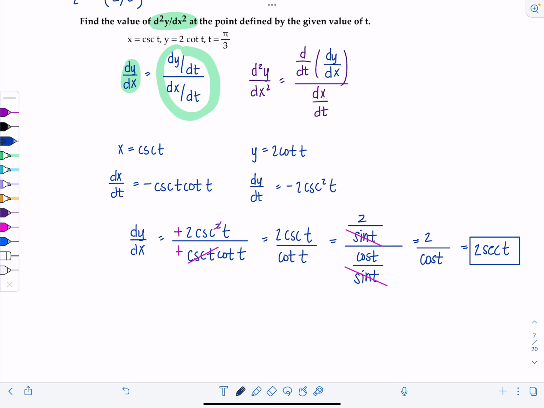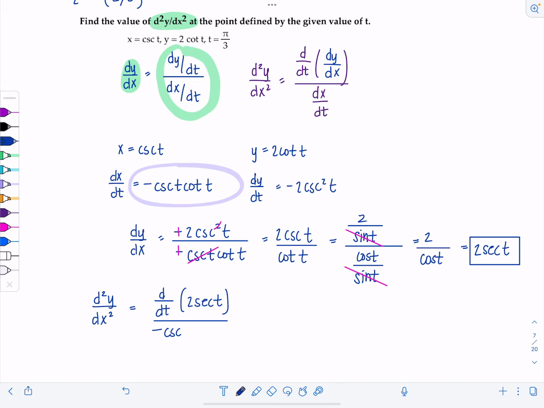Good. Okay, so here we go. So second derivative, you take the derivative with respect to t of 2 secant t, and then this gets divided by dx/dt. So negative cosecant t cotangent t.